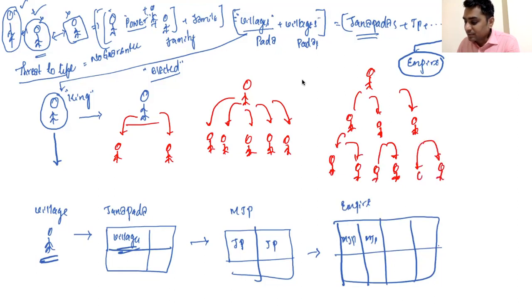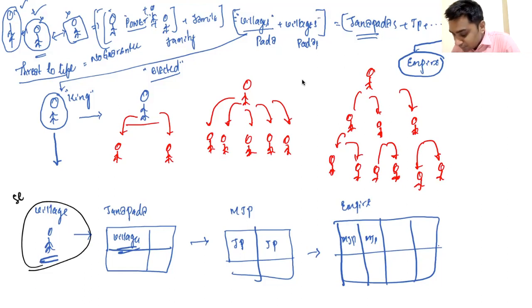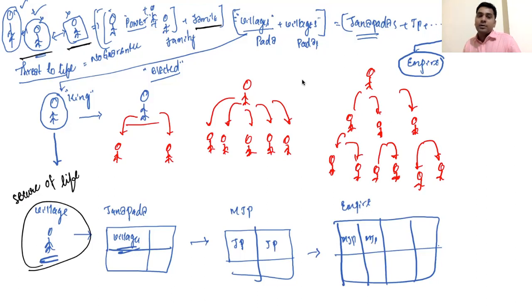Now, in the initial days when they were formed, the function of the king was just limited. It was limited to securing the life of the people. For security of life, these people came together. Look at this, from here to here: individual has entered into family, family has entered into village.